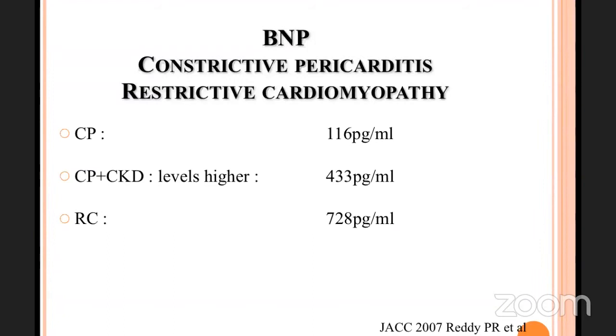This is one study wherein if the patient has associated chronic kidney disease, which nowadays is increasing in frequency, in constrictive pericarditis with associated chronic kidney disease, the levels may be increased, even though there is no myocardial problem. Because as you are aware, in patients with CKD, there is elevation of the NT-proBNP, even in the absence of any myocardial problems.